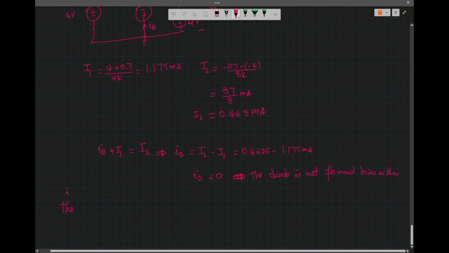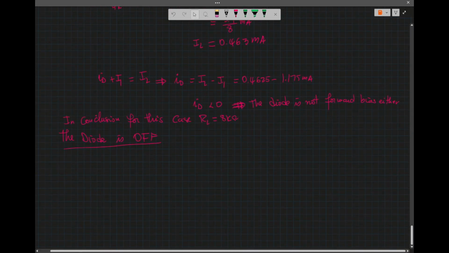So in conclusion, in this case where our load is equal to 8 kilo ohm, the diode is off. So the diode is off. Now what do we have?